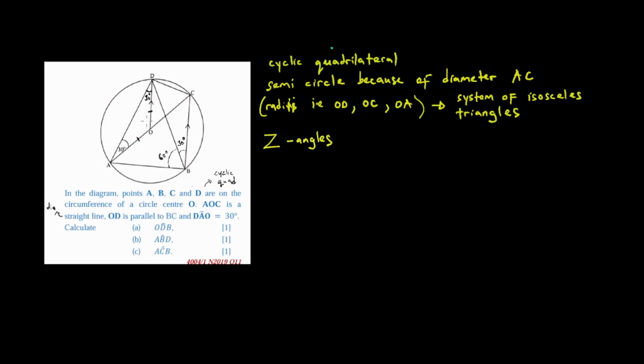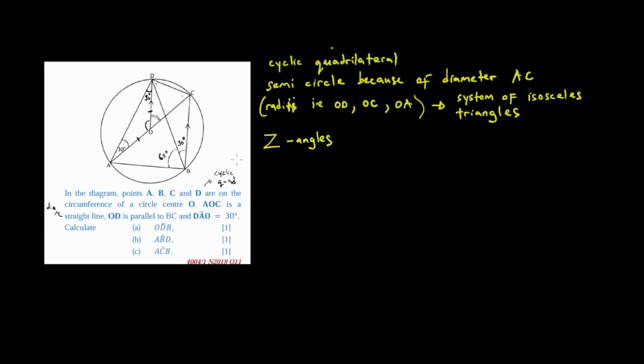Then of course this angle is going to be easy to calculate. And once this angle is easy to calculate, this also is going to be easy to calculate. Then once we can calculate that angle, angle E is going to be easy to calculate. And it's okay if you are not following, don't worry.